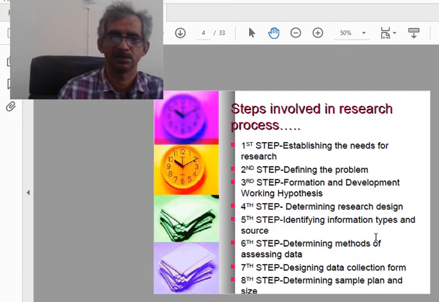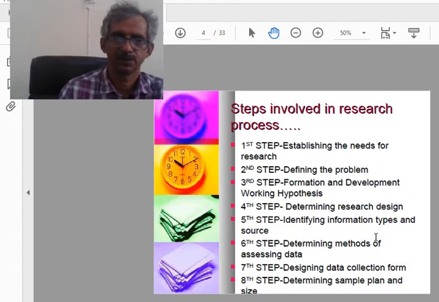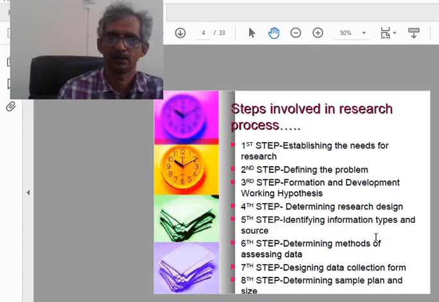First step, establishing the need of the research. Second step, defining the problem. Third step, formation and development of working hypothesis. Fourth step, determining research designs. Fifth step, identifying information types and sources.